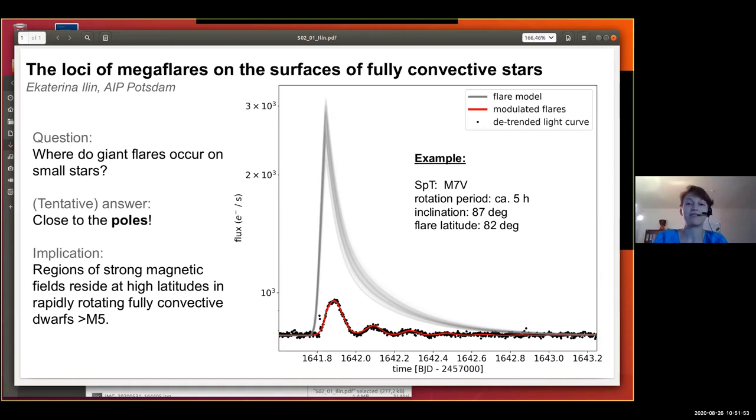Better still, we have detected not only this one, but three such events in late M dwarfs in TESS, and we actually went back to Kepler and found an L dwarf that was monitored by the original mission and found a multi-period flare there too. So I'm excited to see what the next TESS cycles will bring in and how we can find out more about locations of flares on them.